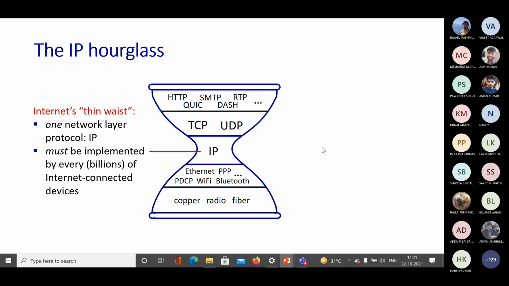That means it is just the central point. It is the crux of what's happening over the internet. Okay, so this IP protocol is actually the thin waist of the internet. All the above layers and all the below layers are basically handled or balanced by this particular protocol. Okay, so no matter what it is, it must be implemented by every internet connected device.